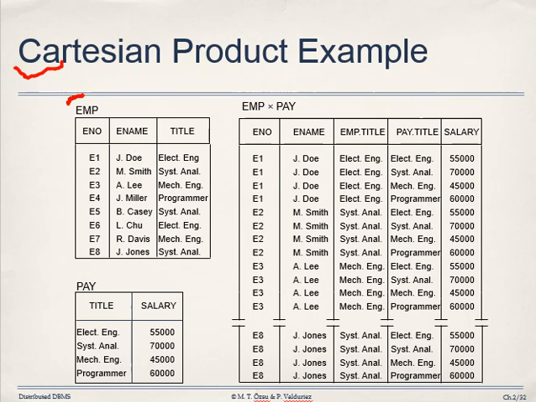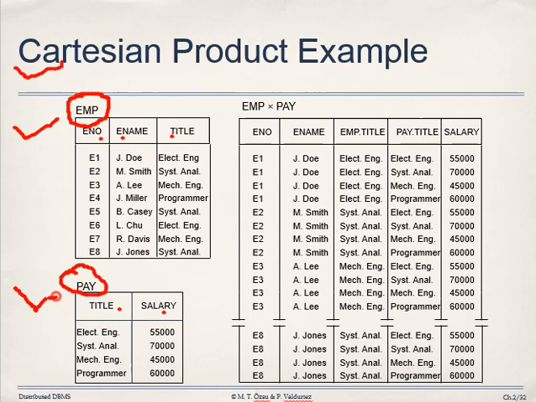Now let's take an example of a Cartesian product. Here we have two relations, namely employee and pay. Employee has 3 attributes: employee number, name and title, and pay has 2 attributes: title and salary.